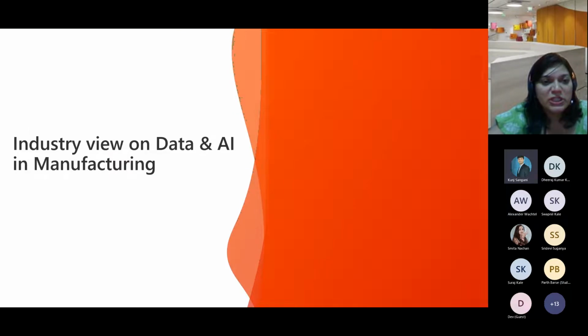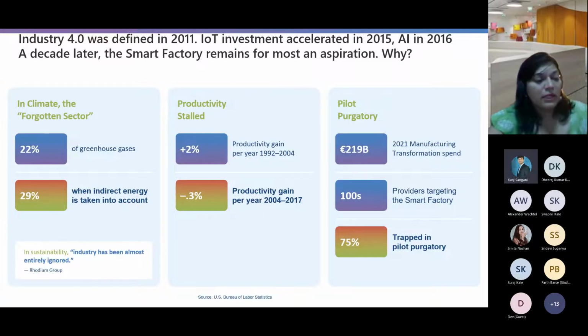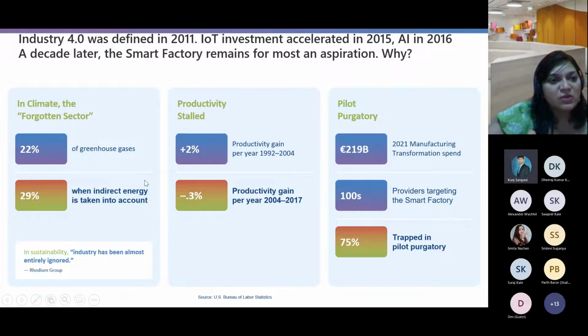So before we move on to digital twins, I want to show you why the manufacturing industry is often the contender for digital twins, right? Because in industry, it is the forgotten sector, correct? The industry sector has almost been entirely ignored, even when it comes to the climate sustainability factor.